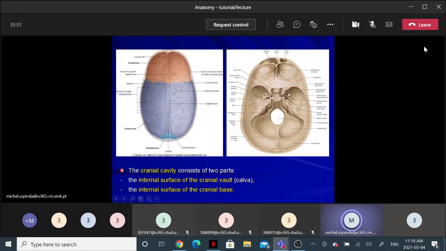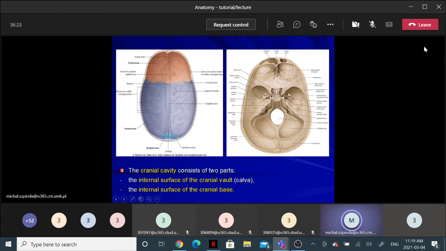And in front, the anterior border of the chiasmatic or prechiasmatic sulcus. So just in the middle, we can see a groove for the optic chiasma. It's called either chiasmatic groove or prechiasmatic groove.